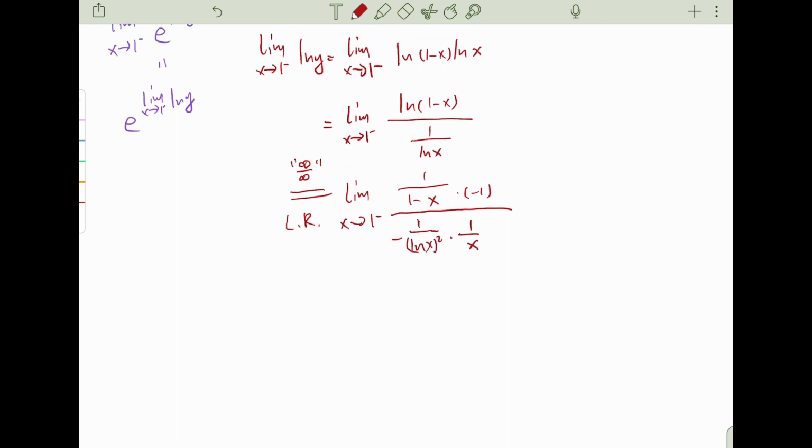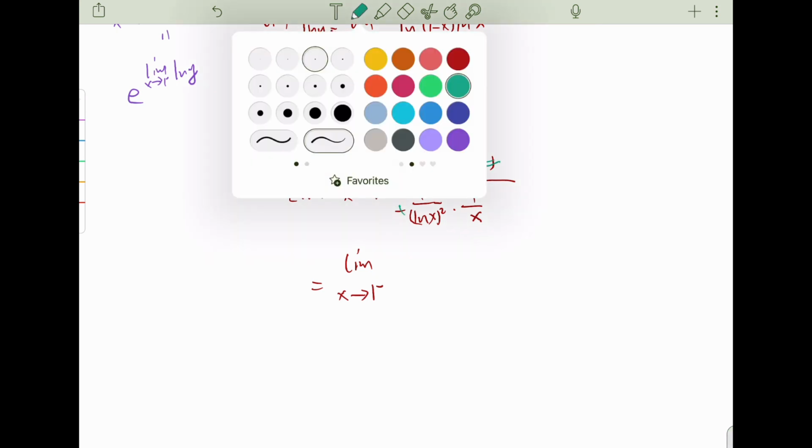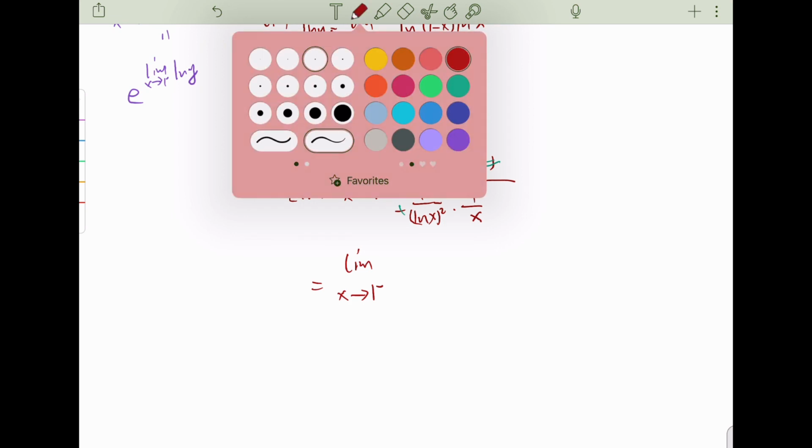I will have 0 in the numerator, right? So I may want to simplify this a little bit before I do so. I can cancel out the negative ones, and I flip this ln squared to the top.